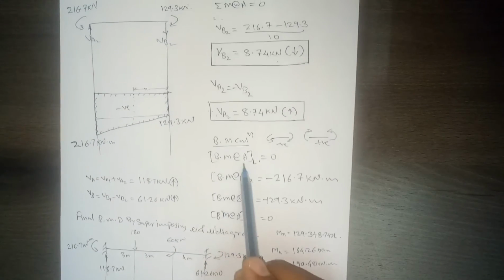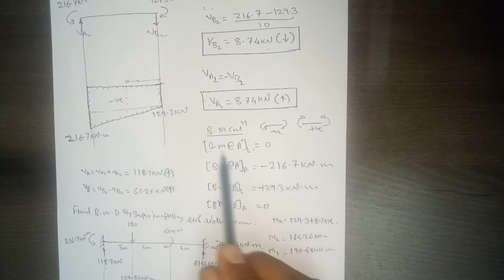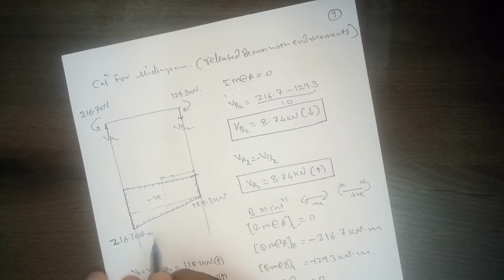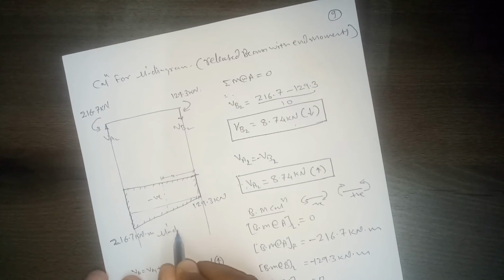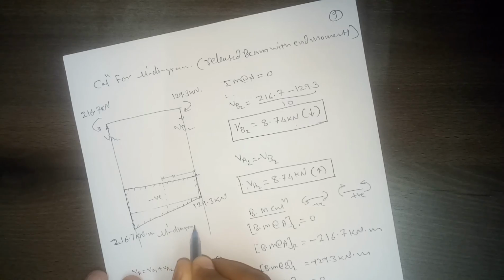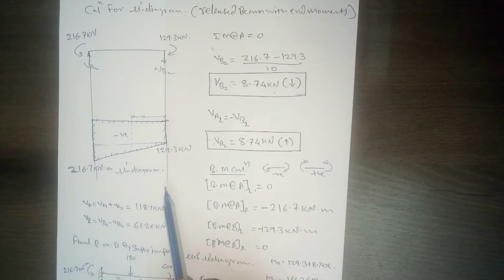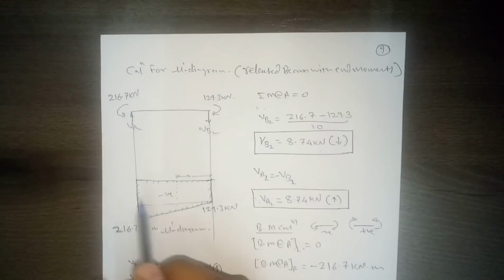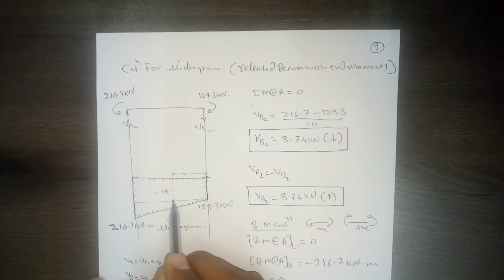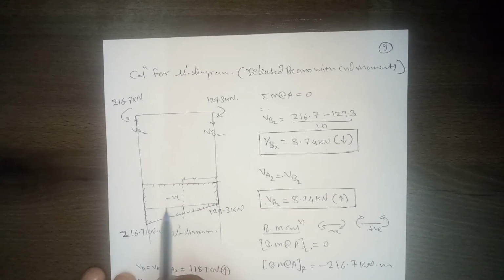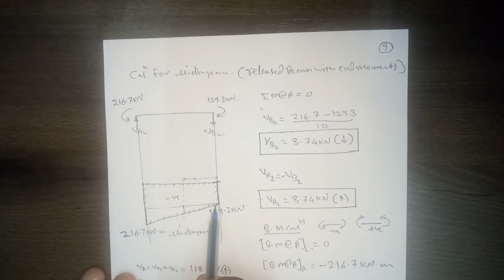Now again, this is the typical bending moment calculation for this Mu dash diagram. Now we need this value at any distance x. What will be the bending moment? For that you can convert this into two triangles, one is this triangle and another one is this triangle.